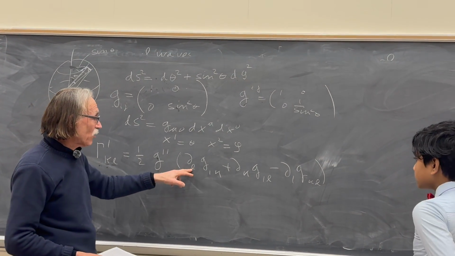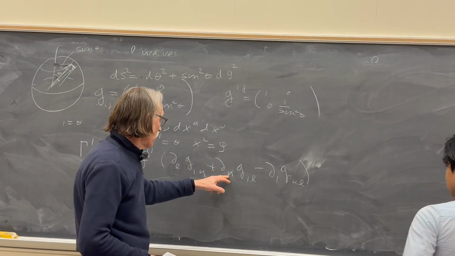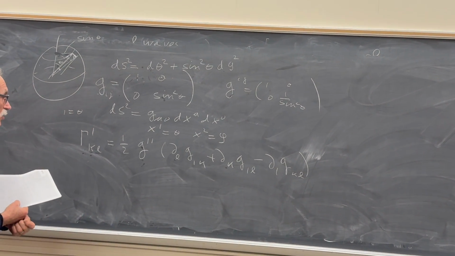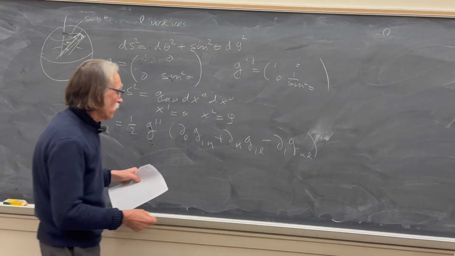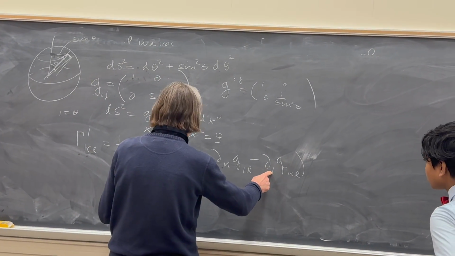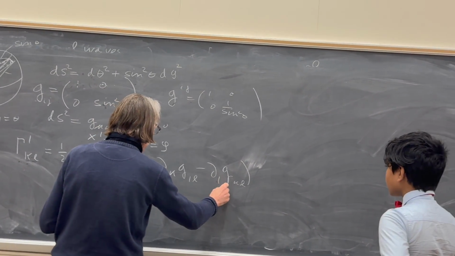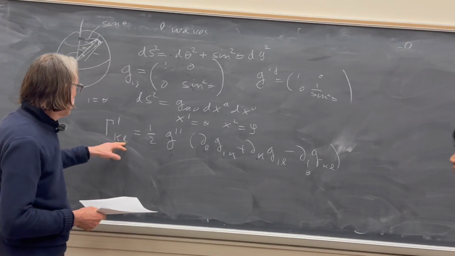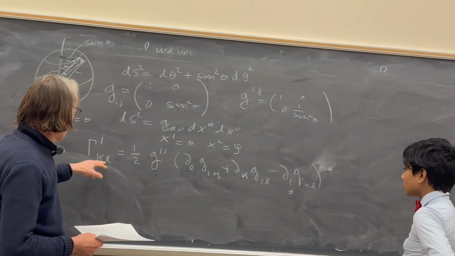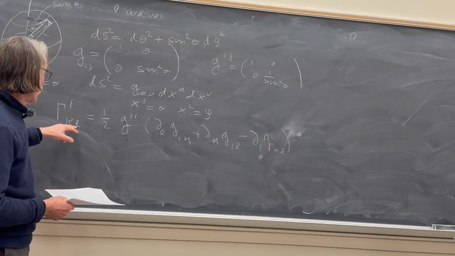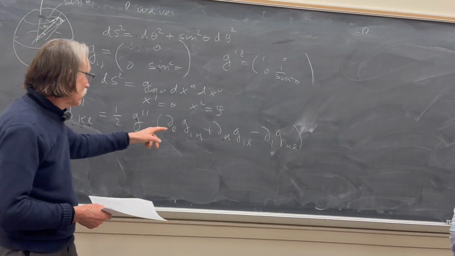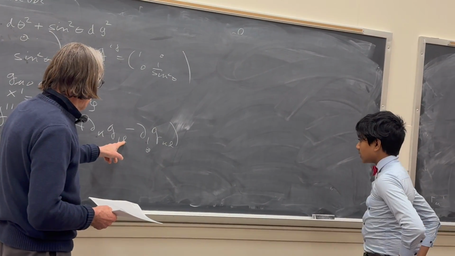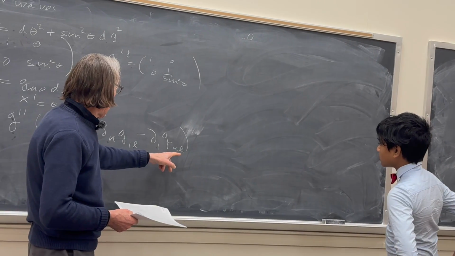What we know is that only the theta derivative is non-vanishing. This is also a theta derivative. So if L is a phi, this term is 0. That term is 0. This is 0. And then we're left with the singular term.